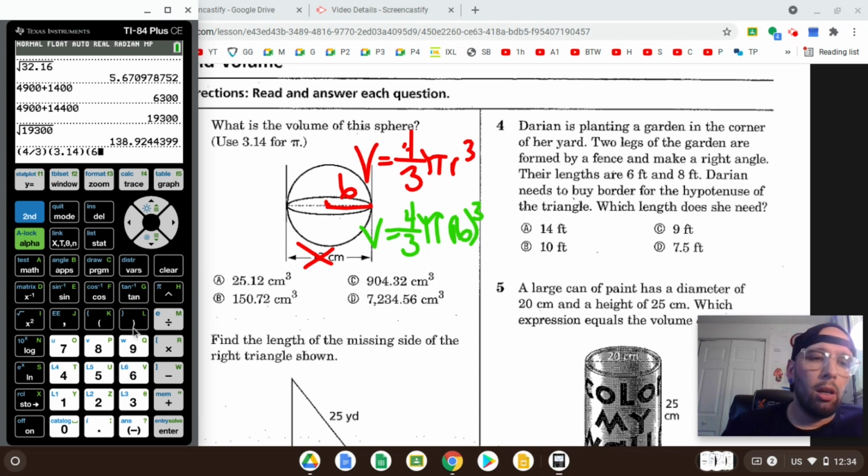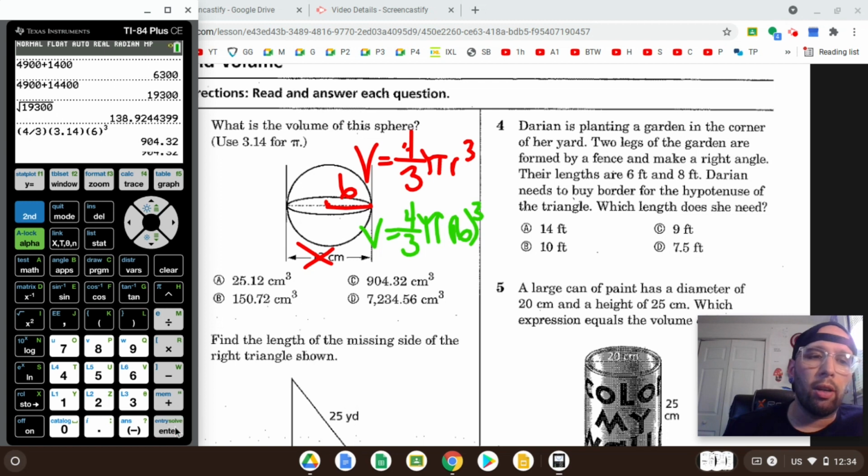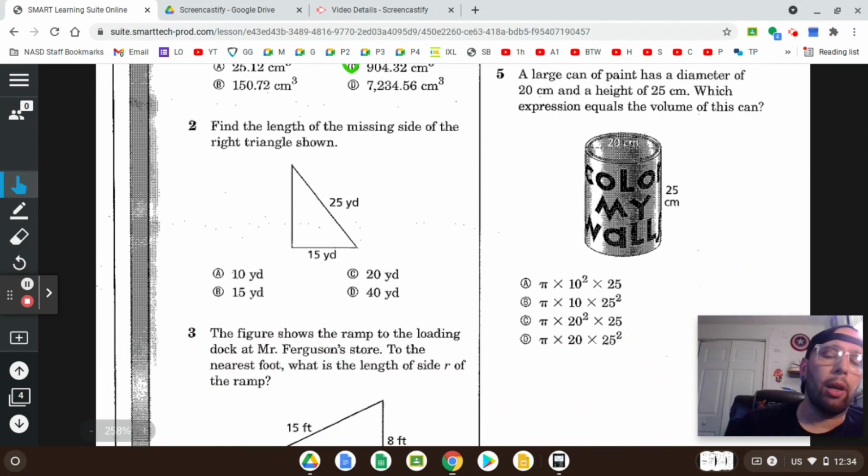Math 3 gets me cubed, or you can do the little caret thing right here. Math 3 works just fine. What if you use pi? Then you'll get like 904.33 or something like that. Doesn't make too much of a difference. I would just rather use pi.